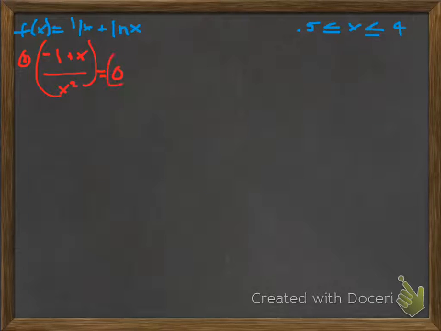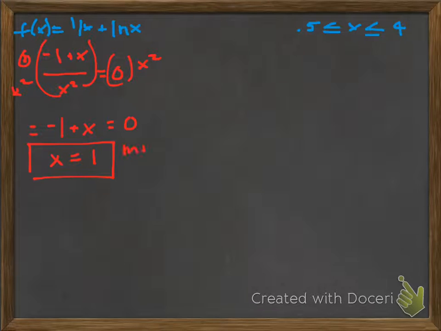So on both sides, we are going to multiply it by x squared. That way on the left side we get negative 1 plus x, and on the right we get 0. And we're going to keep solving for x by adding 1 to both sides. So that in the end we get x equals 1. And what this means here is that there is a min or a max at this point, and that is what we need to find out.